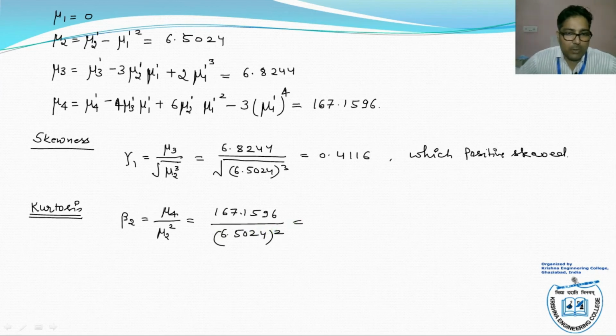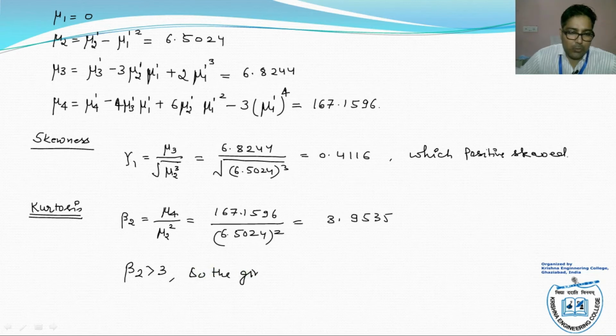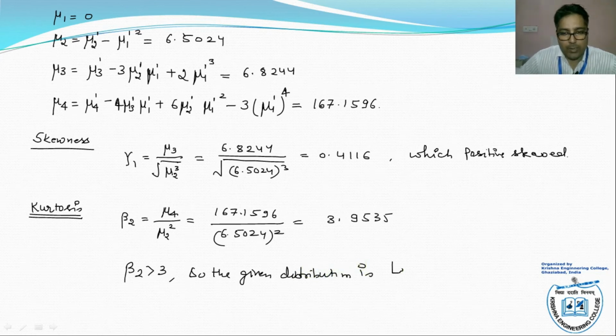The value of this is 3.9535. The value of beta is greater than 3. So the given distribution is leptokurtic.